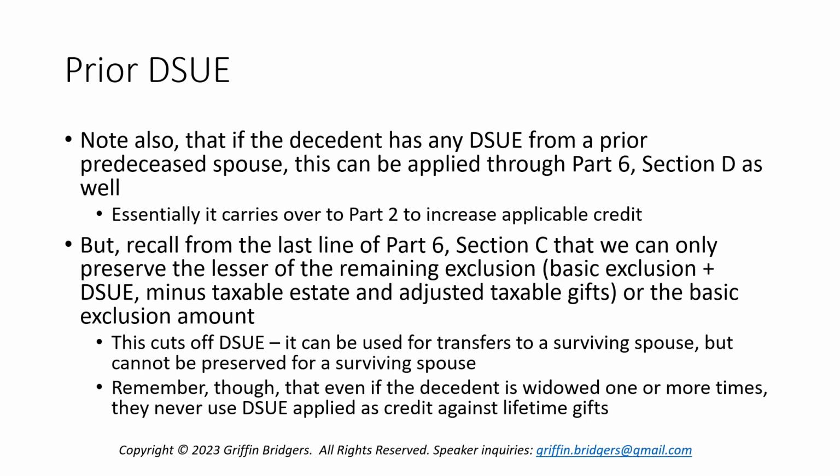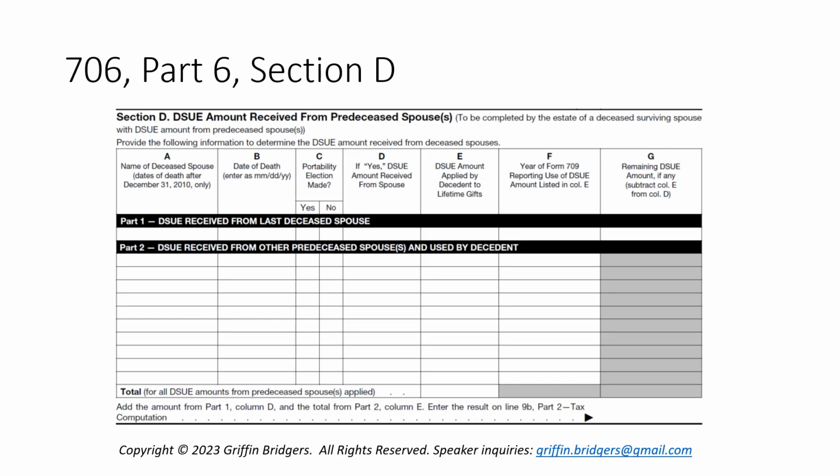So if you're unlucky enough to be widowed multiple times, there are rules as to how much you can look through the DSUE, and you can apply that to transfers to a surviving spouse that don't qualify for the marital deduction, but you can never preserve that DSUE for the surviving spouse.